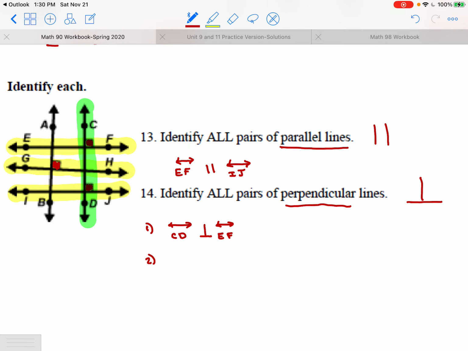We can see down here in our little box that we know that line CD is also perpendicular to that bottom line, IJ.